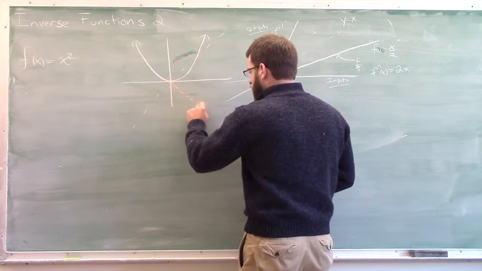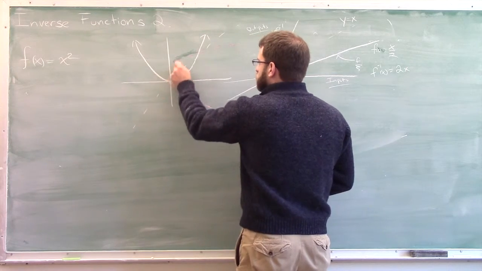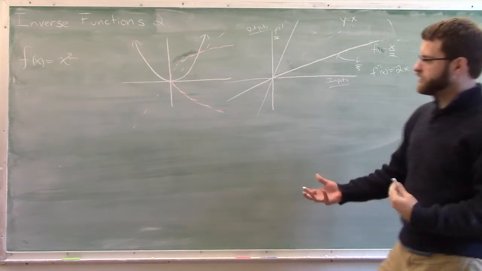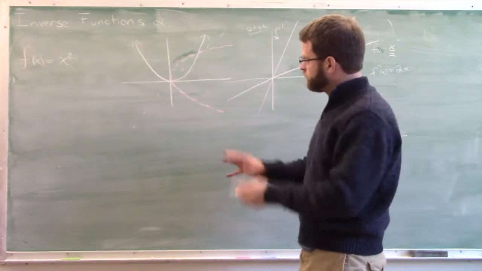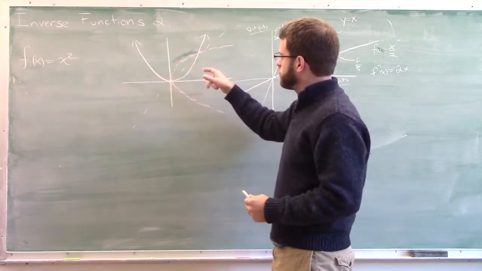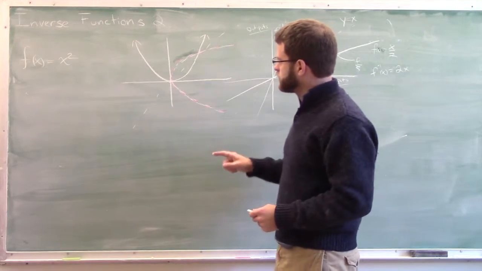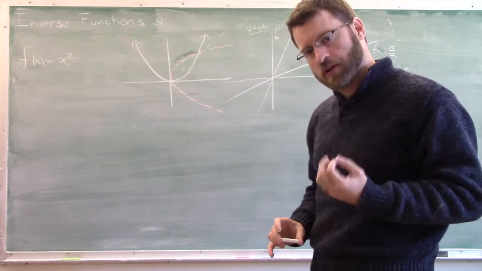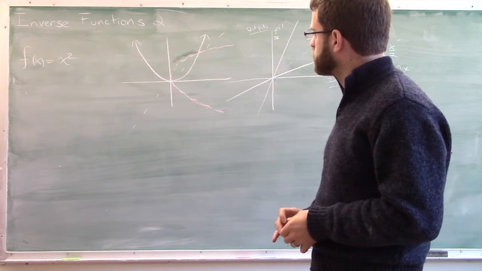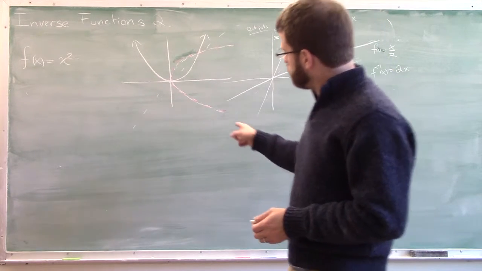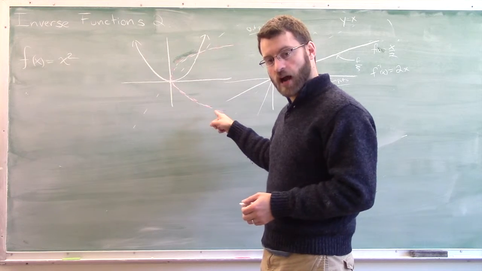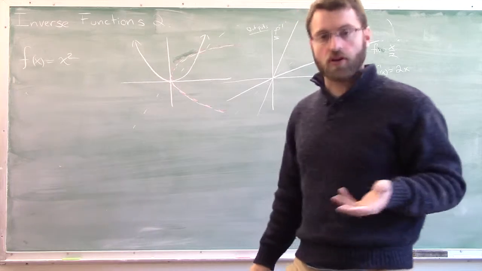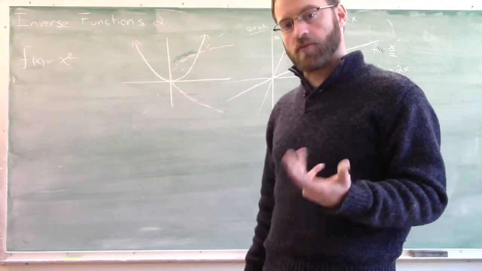If I look at this graphical picture, this idea that the inverse is a reflection of the original graph across the line y equals x, that picture makes me a little bit nervous. The reason I'm nervous is that the reflected graph, the graph of the inverse, doesn't satisfy the vertical line test that we deduced about functions.